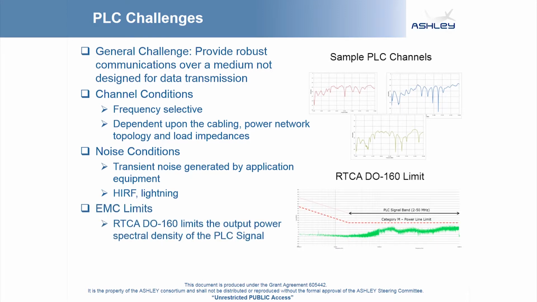Compounding all of these issues are the strict electromagnetic compatibility guidelines regulating the environmental requirements of all electronic devices within the aircraft. Emissions from intentional PLC signals must adhere to the same limits as all other devices producing unintentional emissions within the aircraft. This limits the transmission power of the PLC signal.